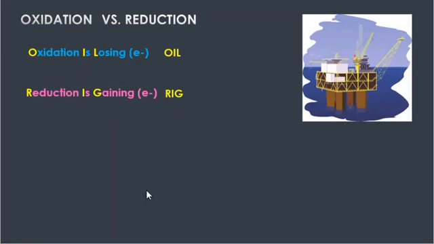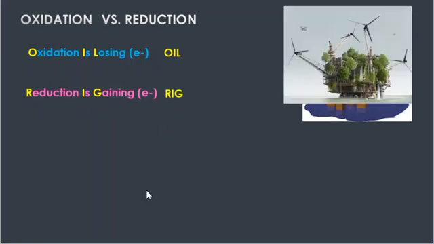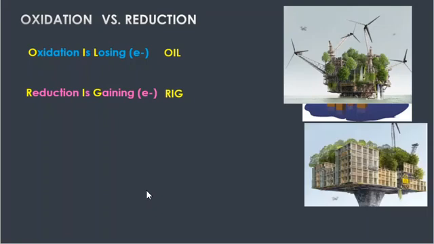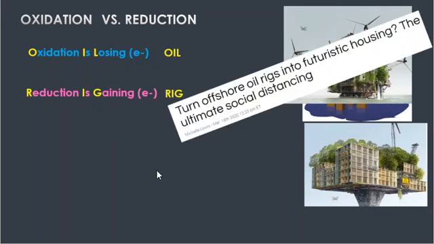Upon searching for images of oil rigs, I came across two more images that I found in an article. I thought it was interesting that I came across it during our period of distance learning because the creator of these images was envisioning what oil rigs that are non-functional could be used for in the future. The headline kind of says it all.